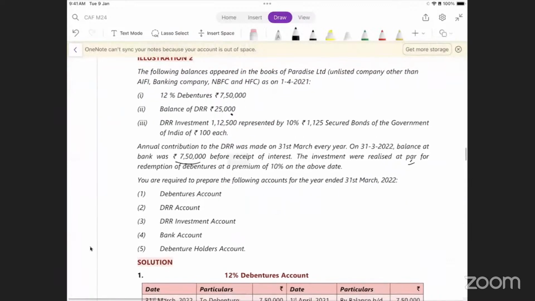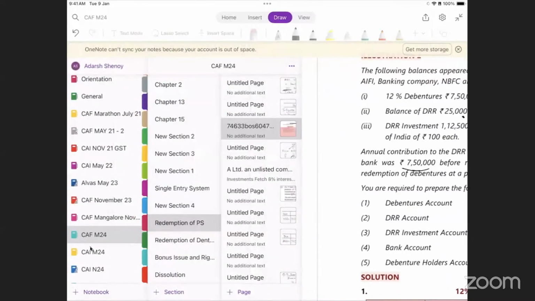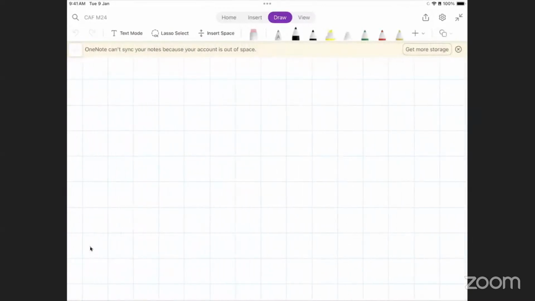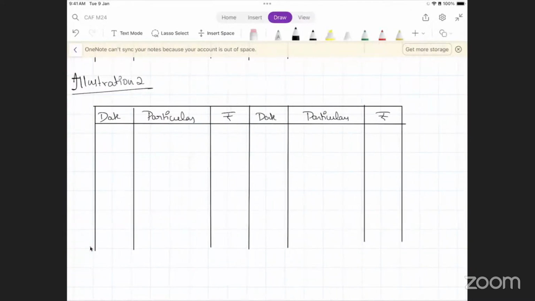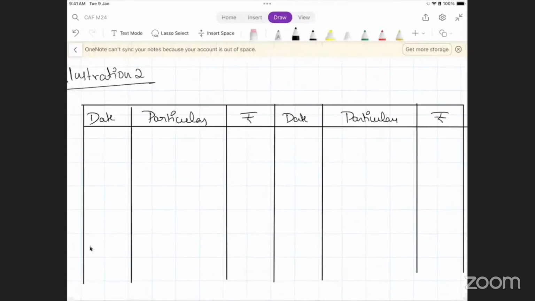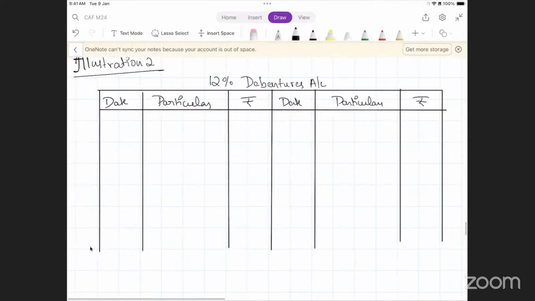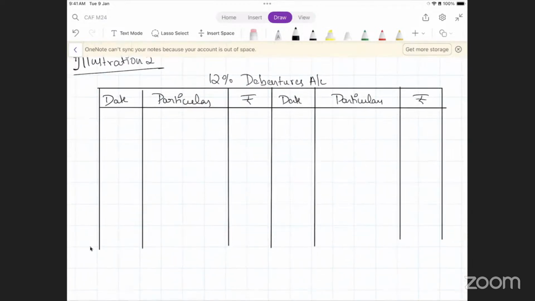What debentures are these? 12% debentures. Then what else do they need?